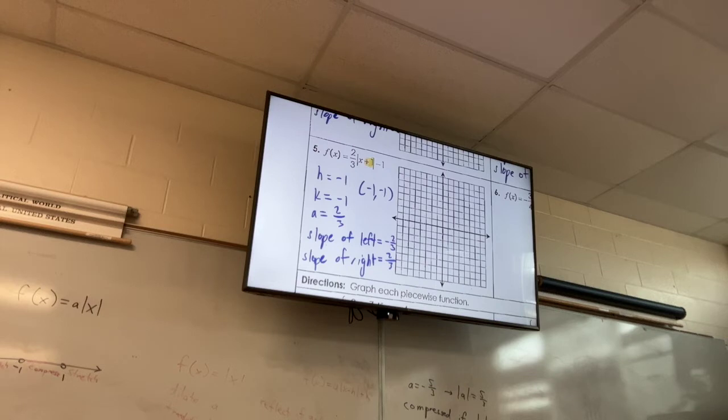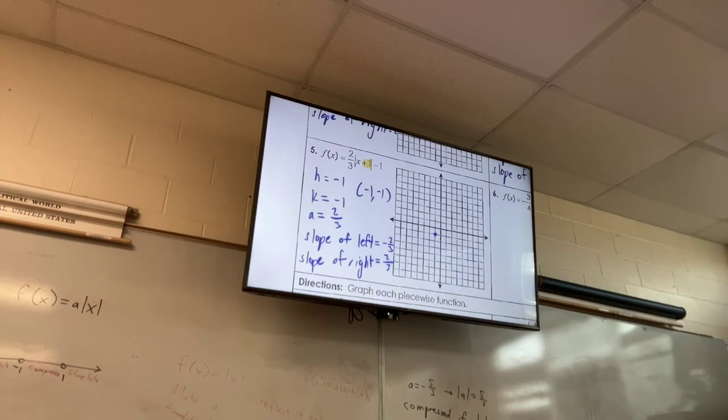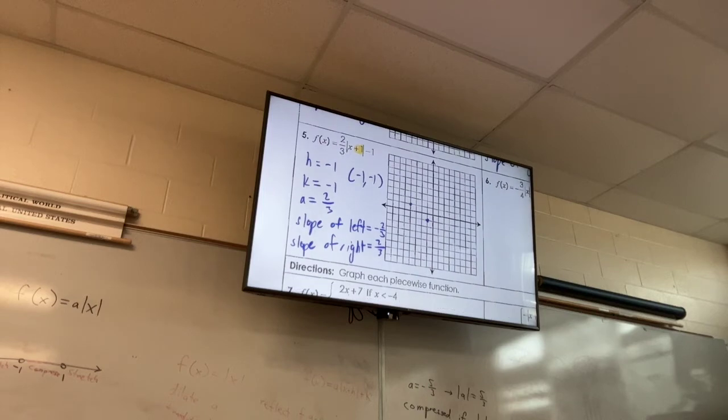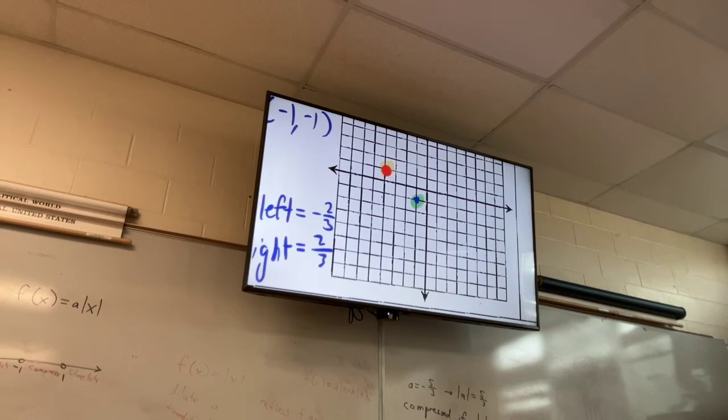So to graph this, I'm going to plot my vertex. That's negative 1, so left 1, down 1. Good job. The slope of the left is negative 2/3. Okay, so that's rise over run. I'm going to go to the left 3 because the run is 3, and then up 2. We can check that. From this yellow dot to my green dot here, I need to make sure I rose negative 2 and ran 3, right? 2/3 rise over run.